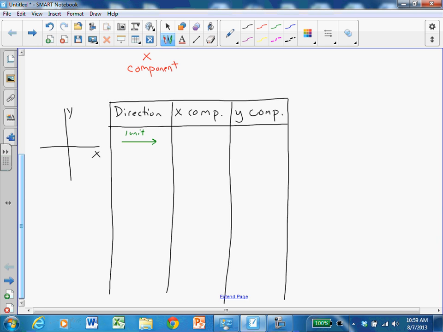How much of that is in the x direction? Right, 1 unit. The whole thing is 1 unit, and then 0 in the y. Let's take the same vector and turn it on end. Now, we have 0 in the x and 1 unit in the y.